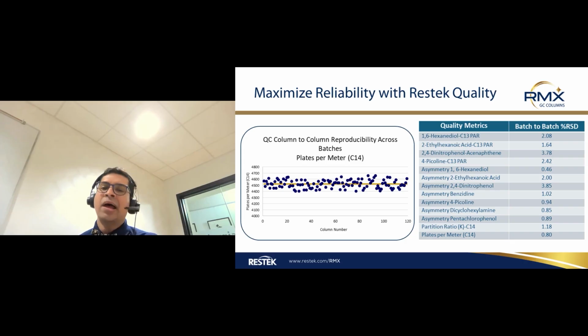On the right side, as you can see, there are multiple analytes we put to the test, as I explained in the previous slide. And it's not just one parameter we look at. We look at various parameters, including the peak heights, the symmetry of the peak for acids, bases, neutral compounds, resolution, all those, so that you can have that confidence that when you open the column, it's right for your method and it serves your sensitivity requirement.